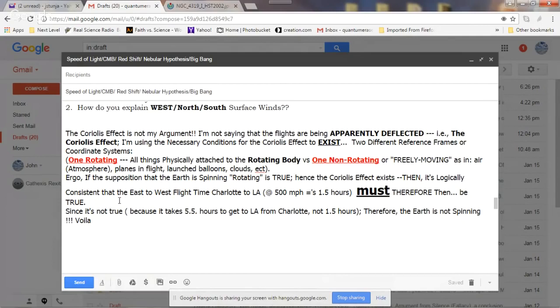So, if the supposition that the Earth is spinning or rotating is true, hence the Coriolis effect exists, then, as I said, it's logically consistent that the east to west flight time Charlotte to LA at 500 miles an hour equals 1.5 hours must therefore be true. It's not. It's over. I have not copyrighted this. This argument is on tape. I went through it quick, but you can go back and look through it. It cannot be refuted.